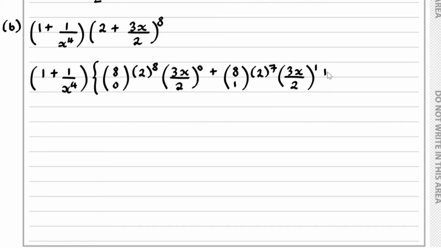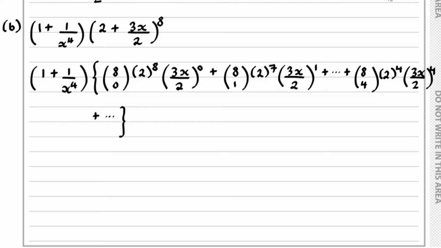So we could continue with this, but as soon as we're at 8 choose 4 times 2 to the power of 4 multiplied by (3x over 2) to the power of 4, those terms give an x to the 4 term.